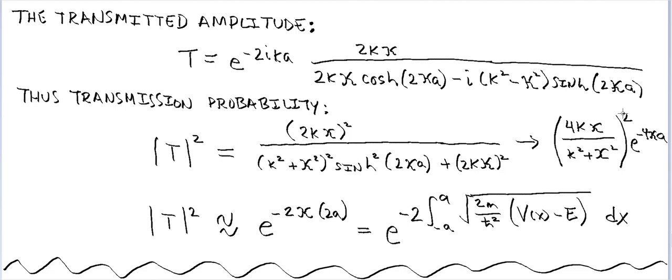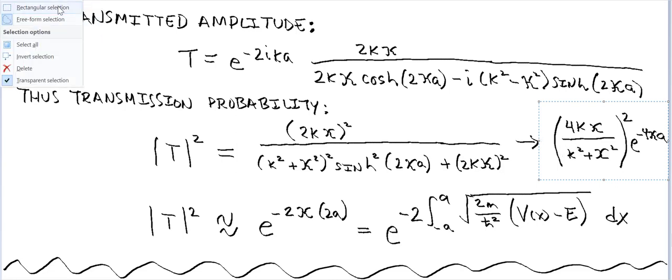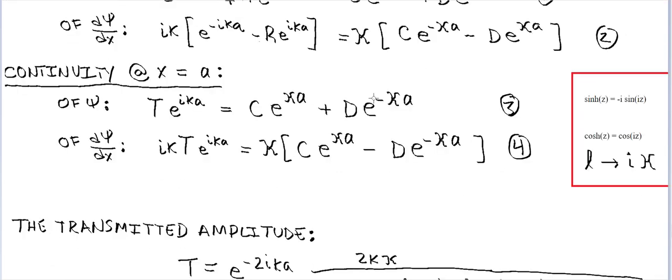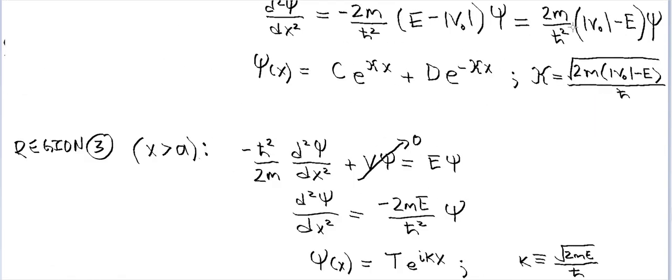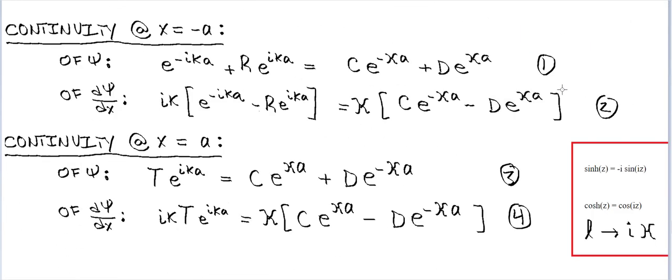Basically, if you only keep the leading term, it looks like this. So it tends towards this if kappa is significant. And remember, we defined kappa as 2m times v naught minus e over h bar squared under the square root.